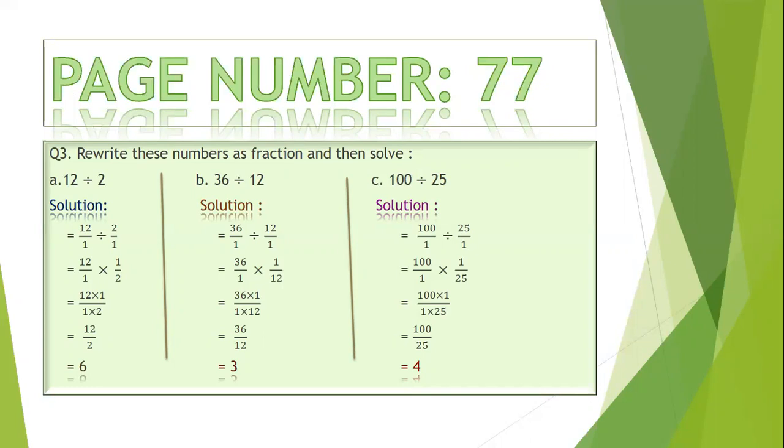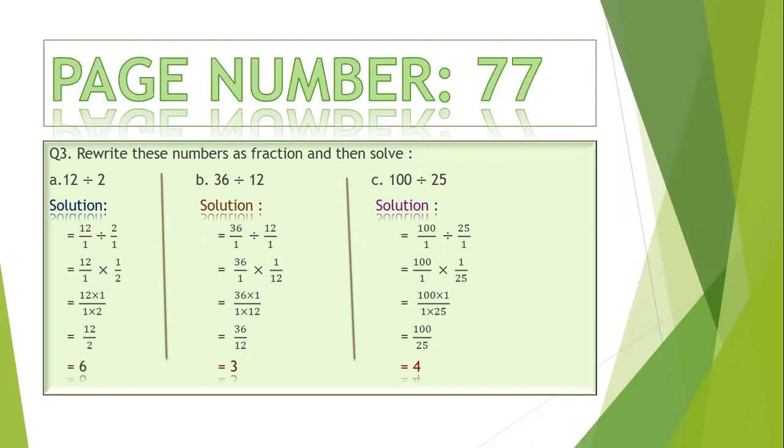Okay, now part A is 12 divided by 2. These two are whole numbers. Convert them in the form of fraction. How can we convert them? Good. If we write 1 in the denominator. 12 over 1 divided by 2 over 1.